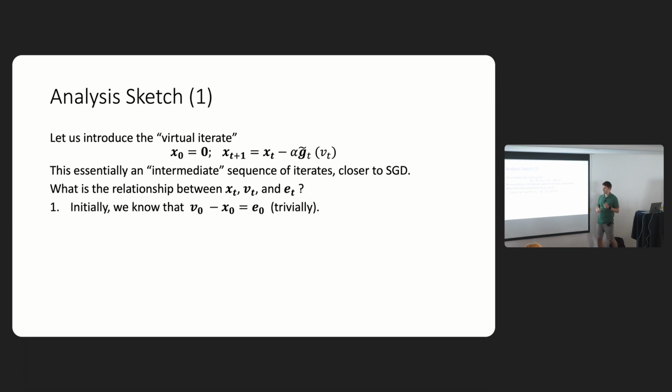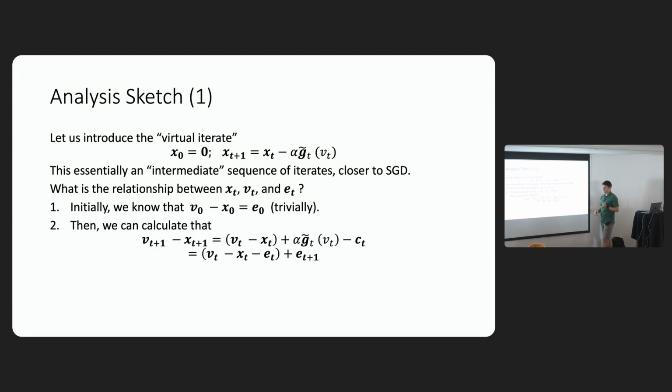We could try all combinations, but I think you're close enough that we need to give this some thought. Okay? So you said x equals v plus e? Yeah, so it wasn't quite right, but you're close enough. So basically, I'm going to do this by induction so you can guess what it is. We know that initially v0 minus x0 is e0 because all of them start at 0. Okay? And then we can calculate this for t plus 1.